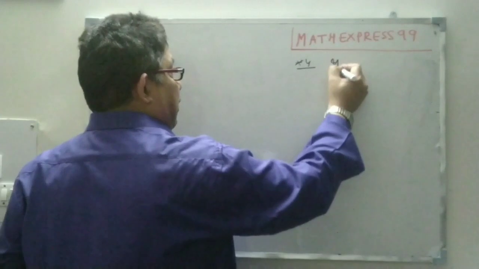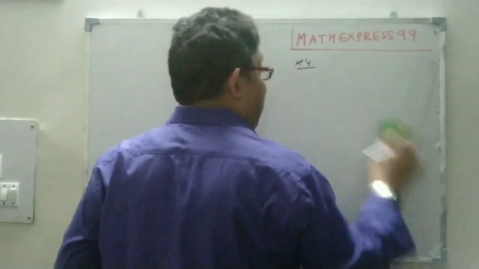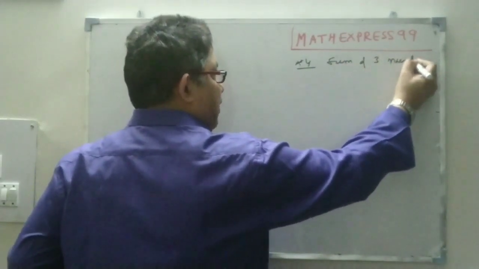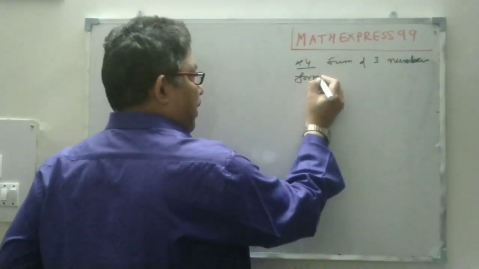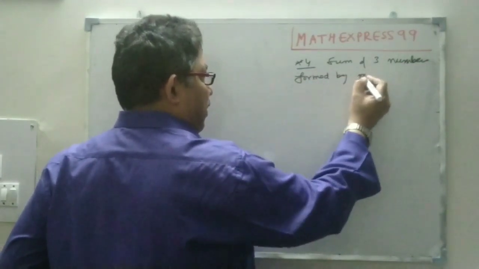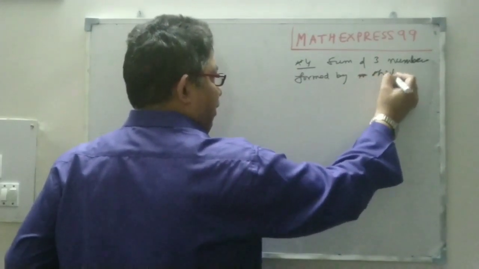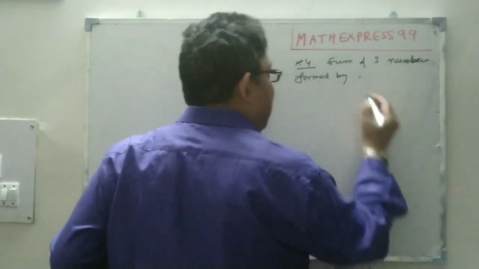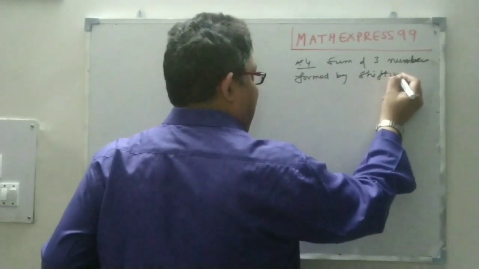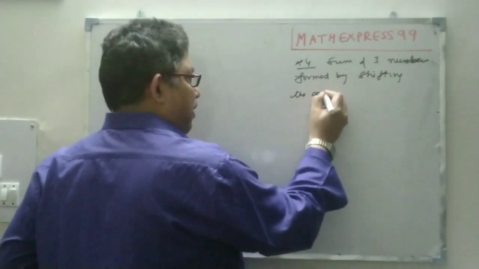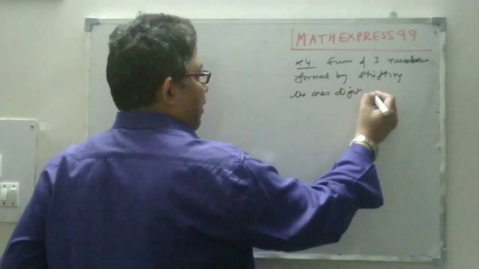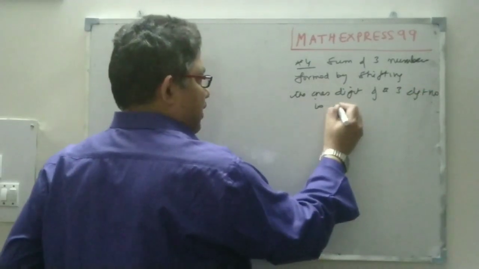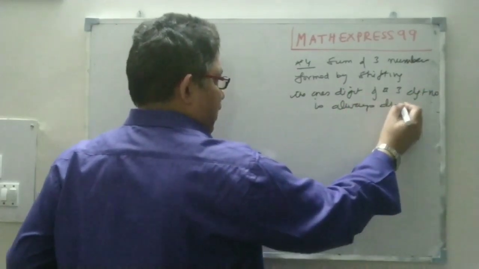The sum of 3 numbers formed by moving, or you can say shifting, the ones digit of a 3-digit number is always divisible by 37.